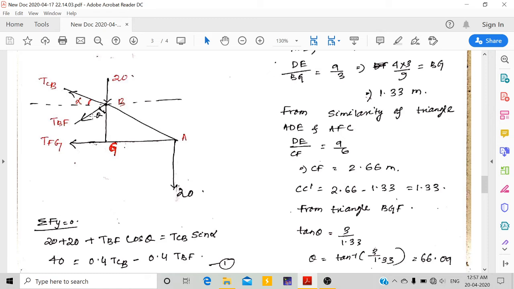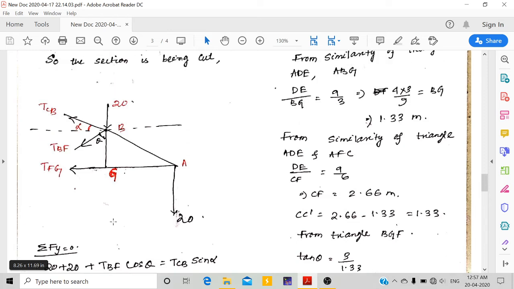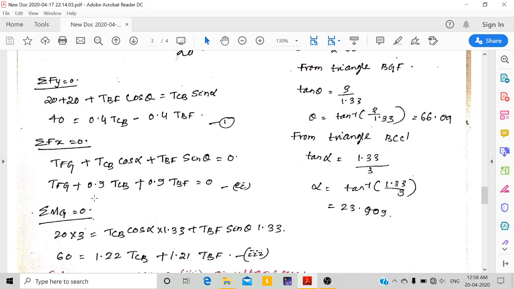Next, this TBF is making theta with the vertical, so it will be my cos component. TBF cos, and TCB is sine because it is making alpha degrees with the horizontal. We know theta and alpha, but we don't know TBF and TCB. Next, if I do summation of Fx, my Fx will be TFG, then the TBF and TCB components will be coming. So I am getting another equation.